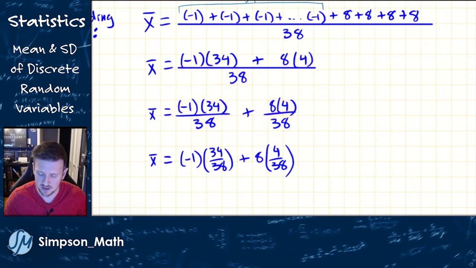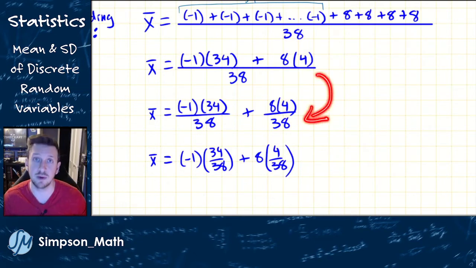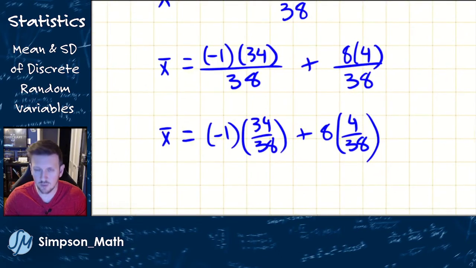So if I can add that way, I should be able to unadd them in the other direction, break that fraction apart. All right, so I've broken the fraction apart. And then one last little maneuver is you can think of this as -1 over 1 times 34/38, or just -1 times 34/38. Same thing with the 8.